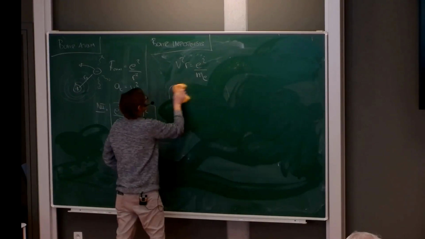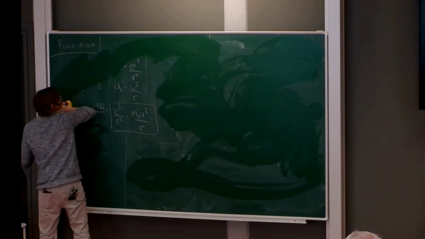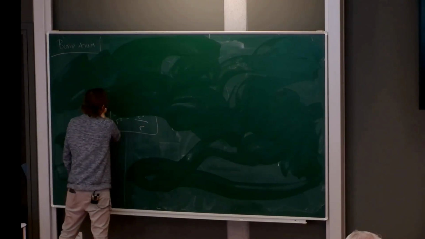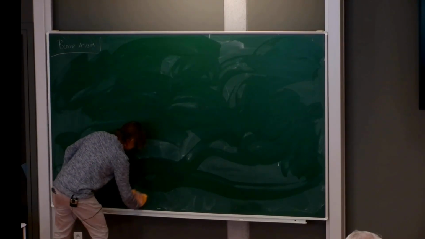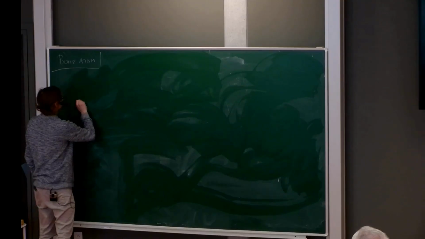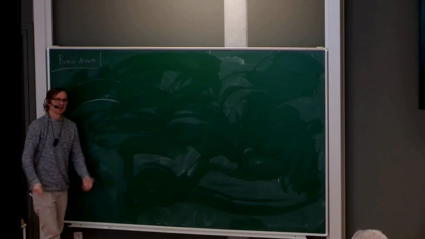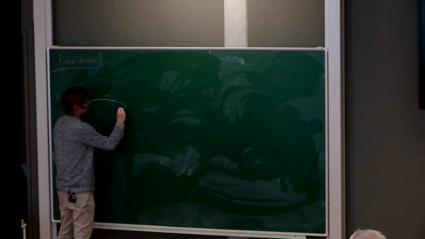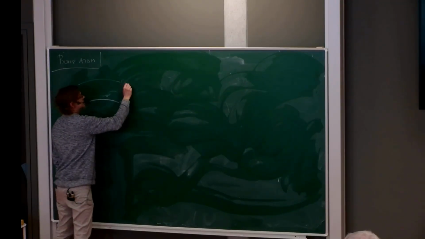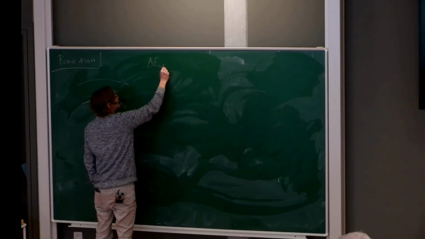So we can look at some cases. So here we now have a lower and an upper. Okay? Now we're interested in what's the delta E between the upper and the lower.